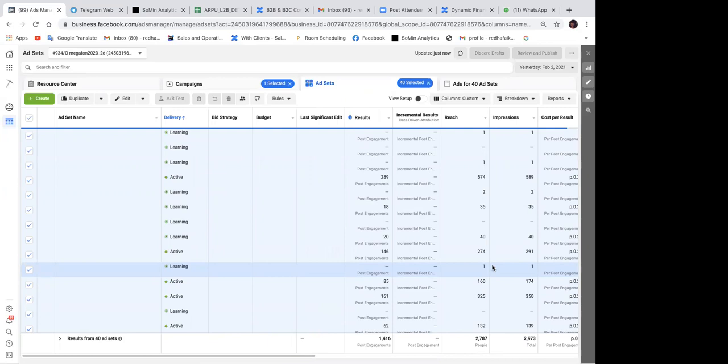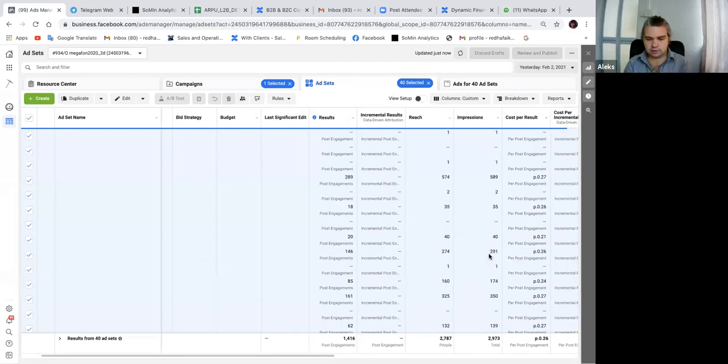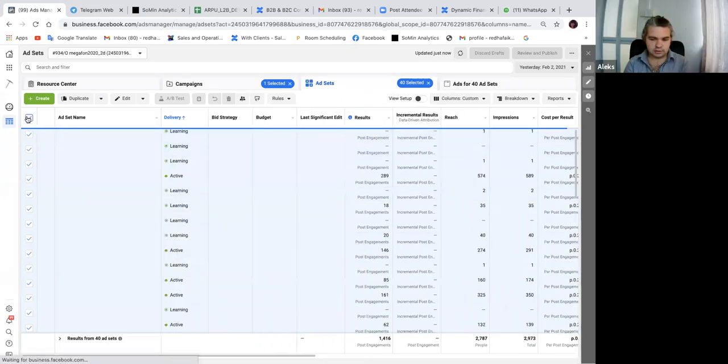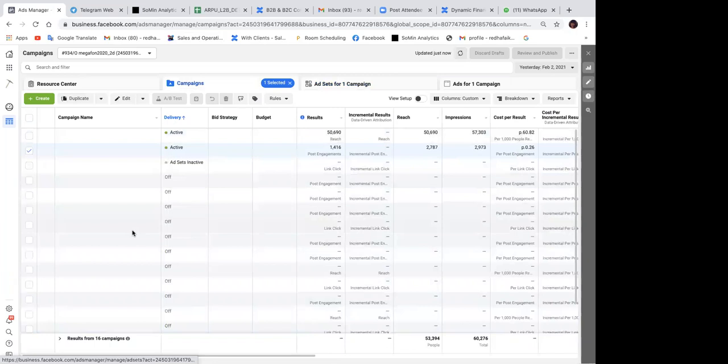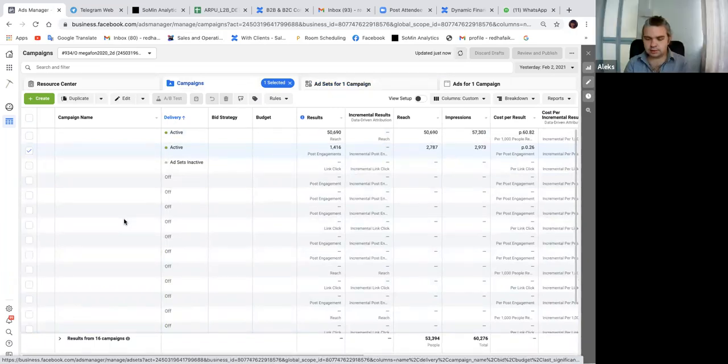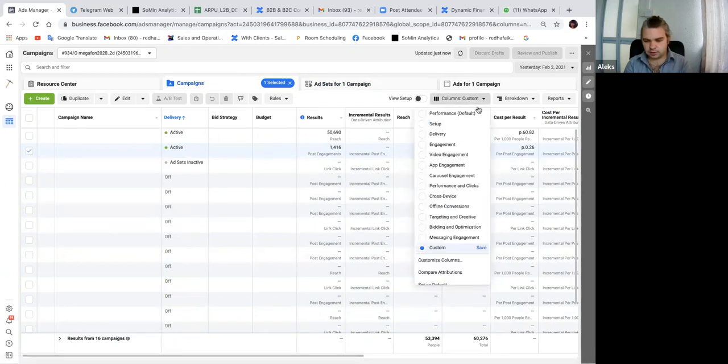Still the same. Can you unselect your ad sets? Can you go to the campaign tab? It's the same. Can you go into columns, custom, the choice of the columns? Can you change the columns? Let's say the performance default one, the first one.